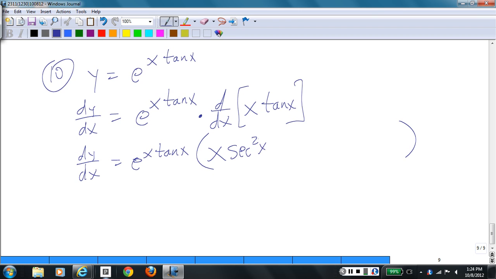So this is the test where you want to have the derivatives of the 6 trig functions memorized, and you want to have the derivative of at least 3 of the inverse trig functions memorized, knowing you can get the derivatives of the inverse co-functions by multiplying by -1.